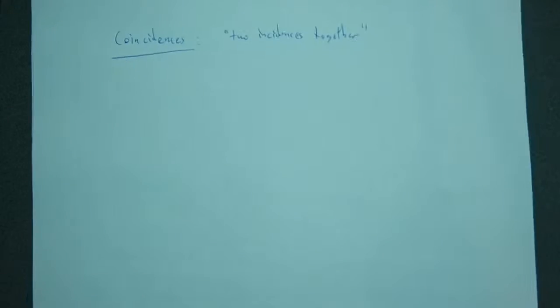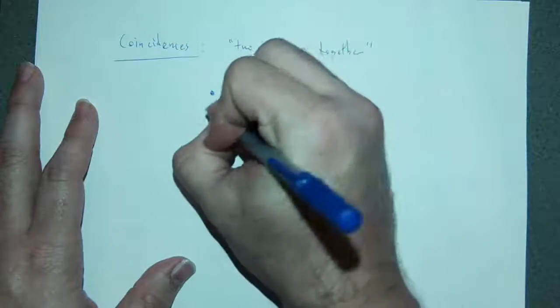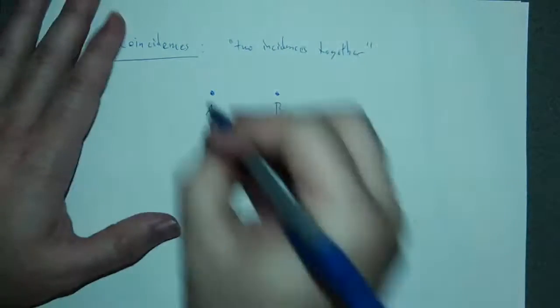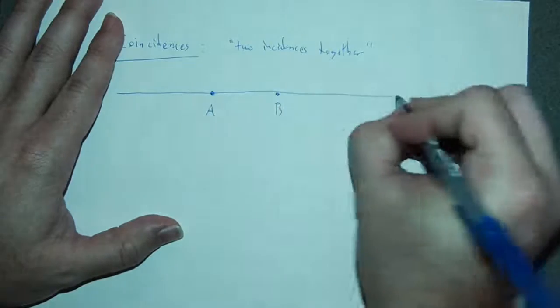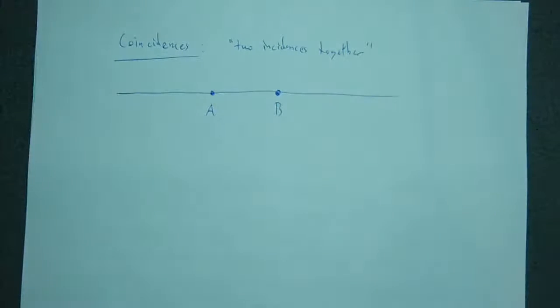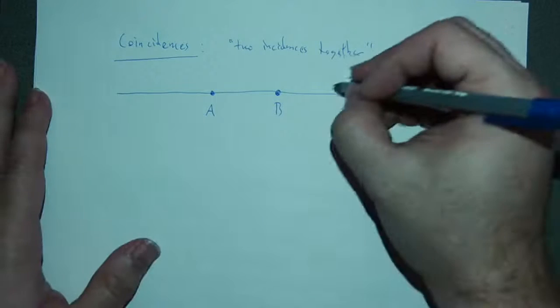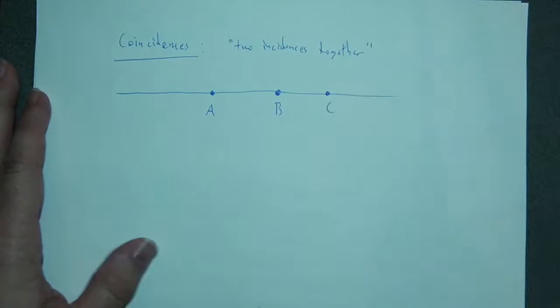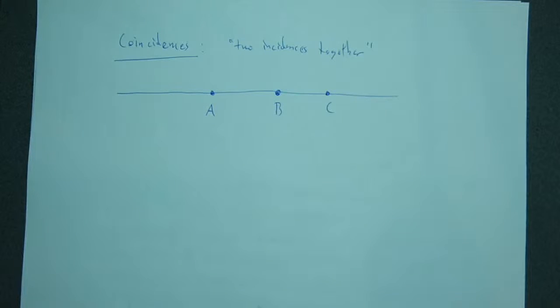So in that example, if I have points A and B, well, as we said, these things always lie on a line. So 2 points always determine a line. But then if a third point C also lies on the line, that's the coincidence. So there's 2 incidences.